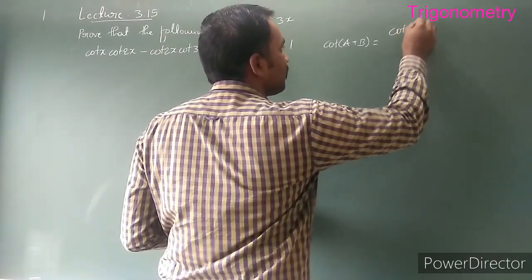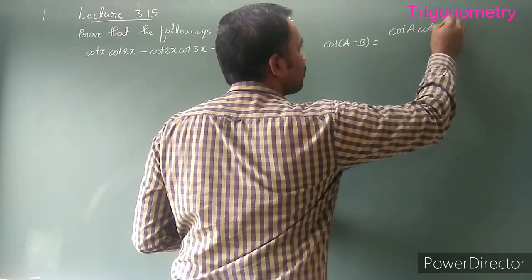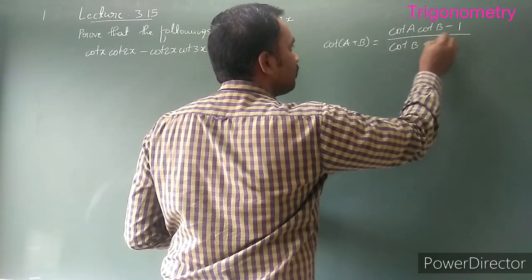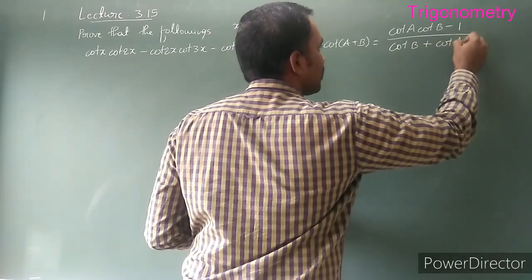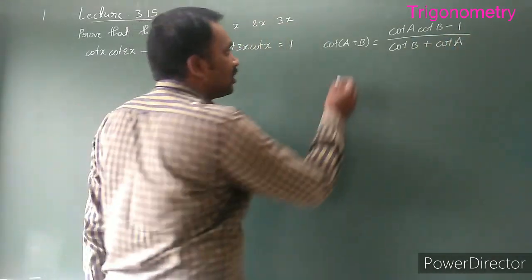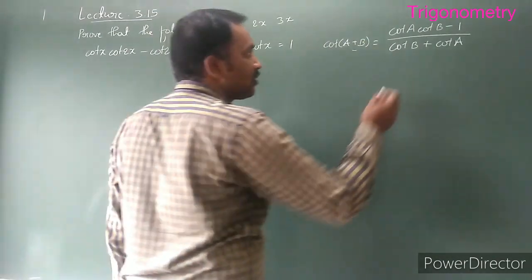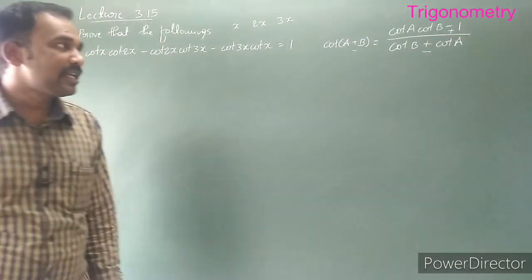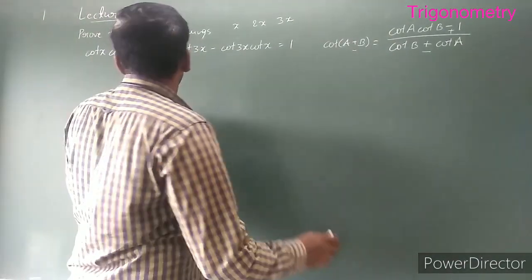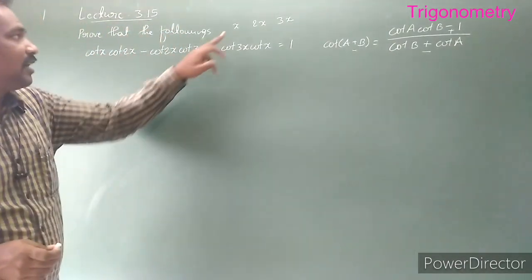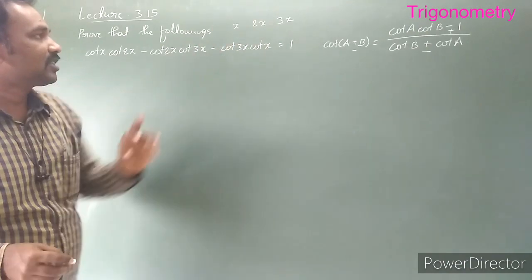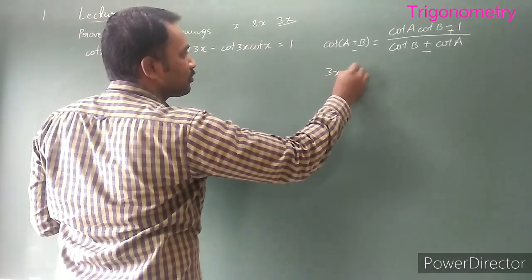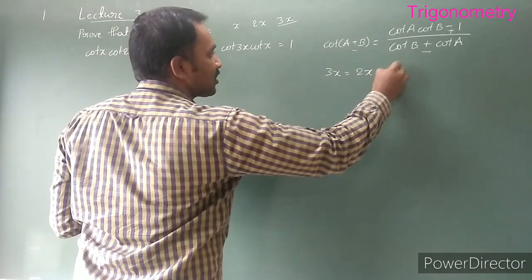Cot of a plus b is equal to cot a cot b minus 1 divided by cot b plus cot a. Do you know this one? Cot of a minus b is equal to cot a cot b plus 1 divided by cot b minus cot a. Because x and 2x are already there, I have taken different angles. So here I just split the angle 3x as 2x plus x.